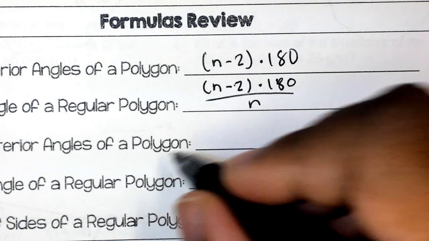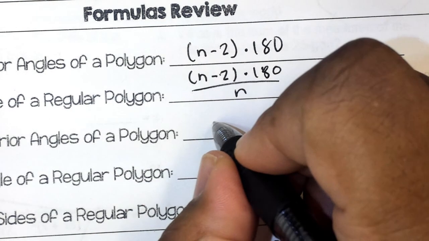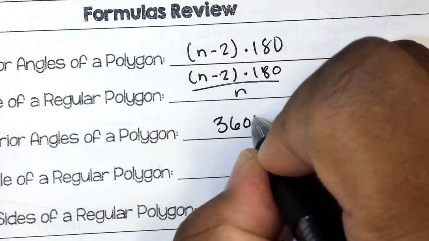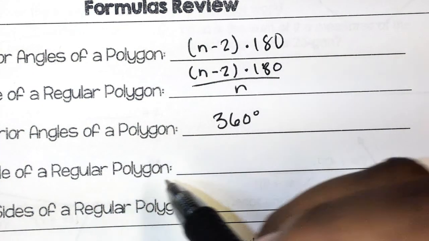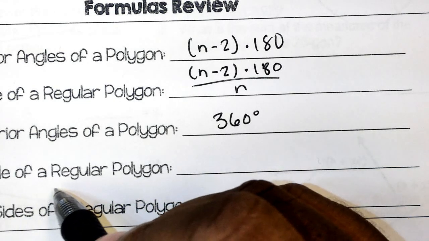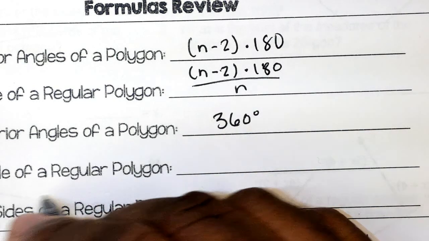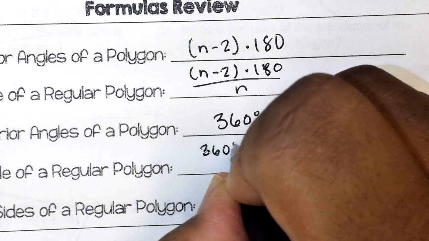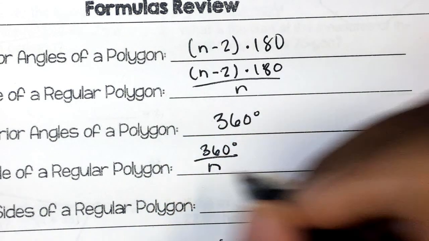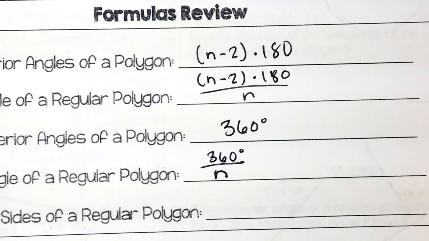Next one is the sum of exterior angles of a polygon. The sum of all exterior angles is going to be 360 degrees. Exterior angle of a regular polygon: if you want to find each individual one, then you're doing 360 divided by n, the number of sides.